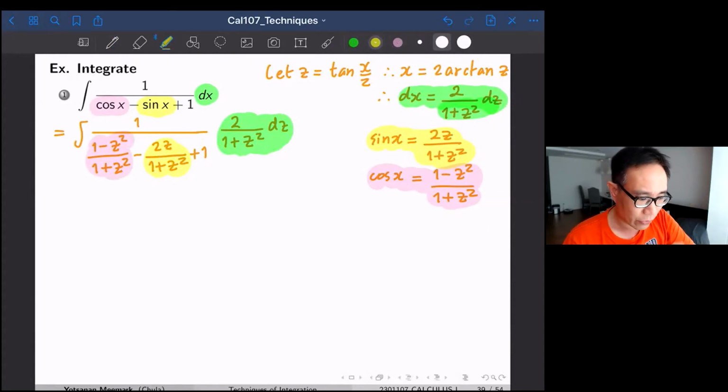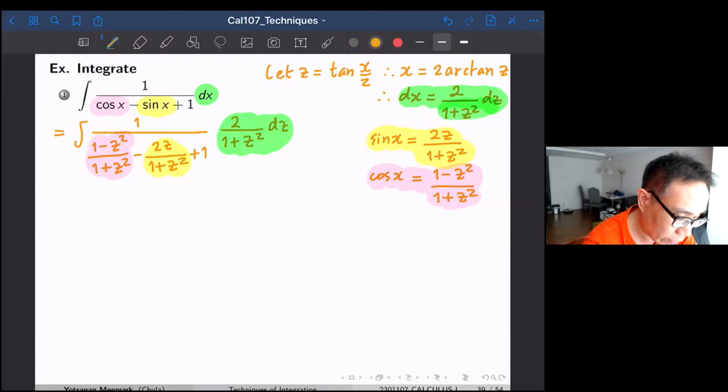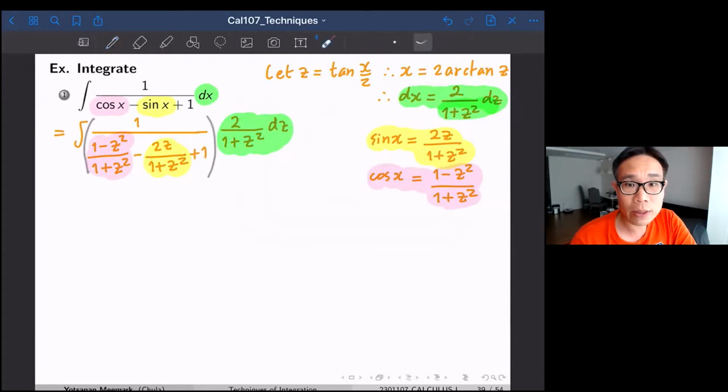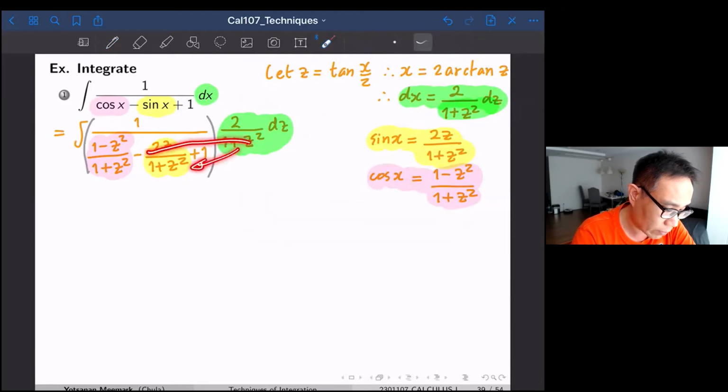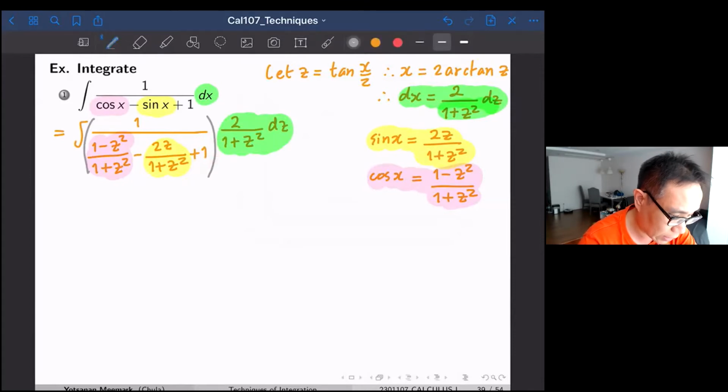However, if you multiply everything by 1 plus z squared, the algebra you can perform is to multiply to this term and this term, and you would get something kind of nice. So let me multiply that and show you.